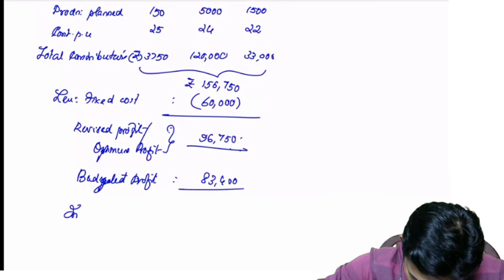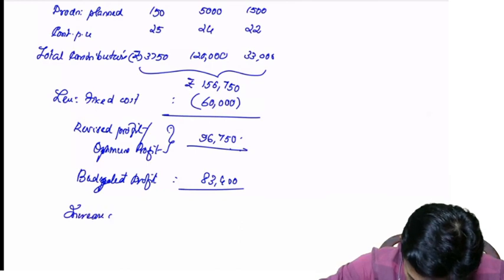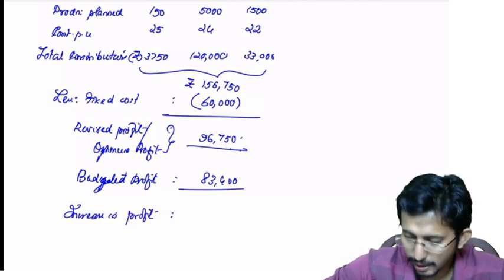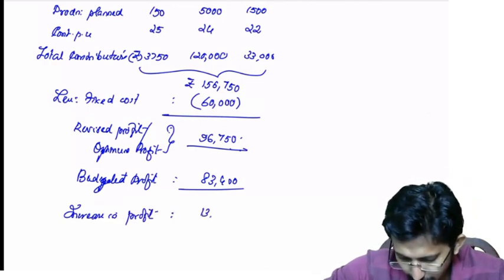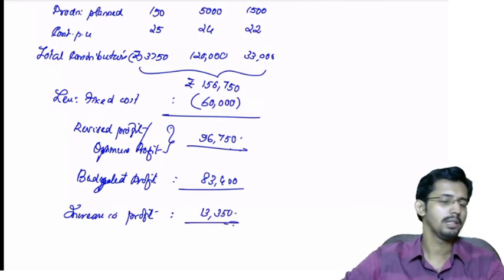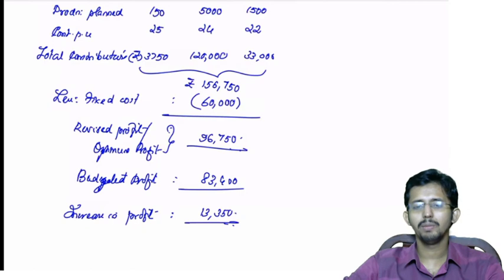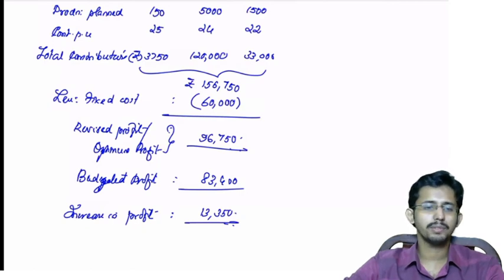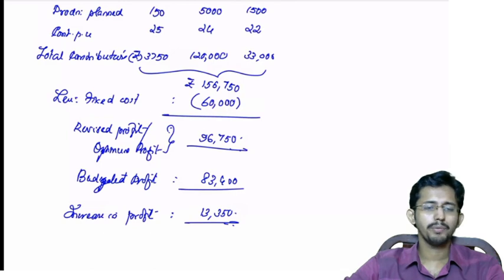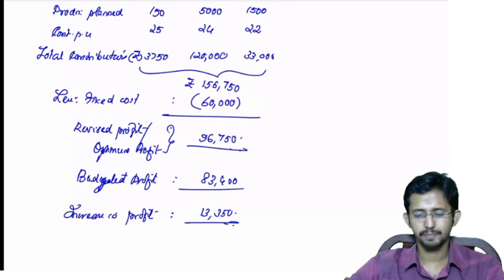So increase in profit, 96,750 minus 83,400, that is 13,350. Okay, so you can conclude the optimum production mix will result in an increase in profit of 13,350.